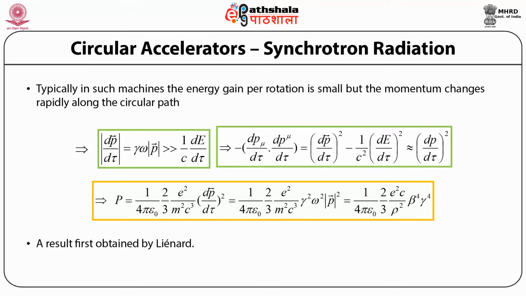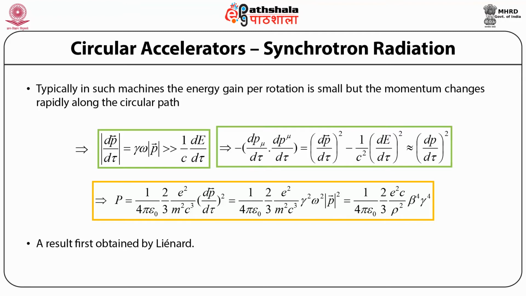As a result, the second term is negligible, so that −(dp^μ/dτ)·(dp_μ/dτ) = (dp/dτ)² − (1/c²)(dE/dτ)² can be approximated to (dp/dτ)².